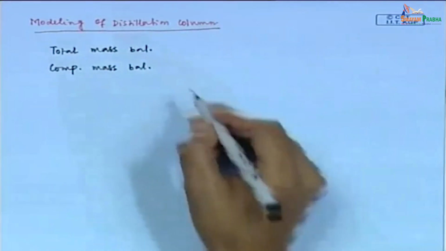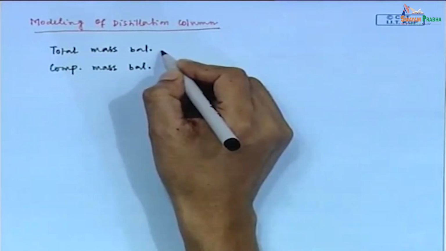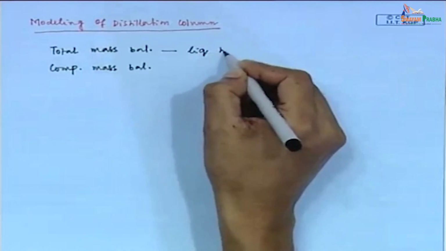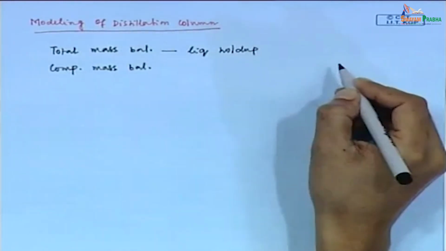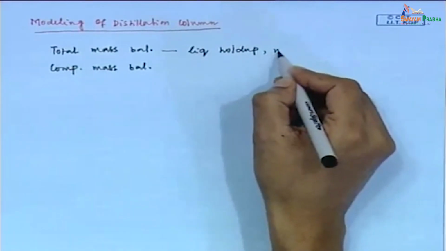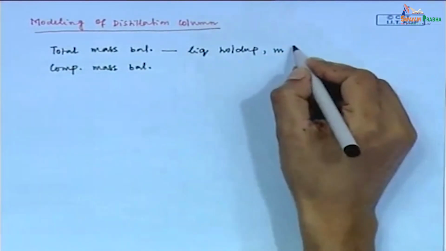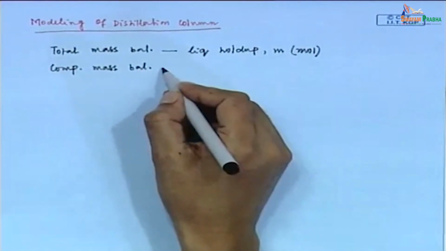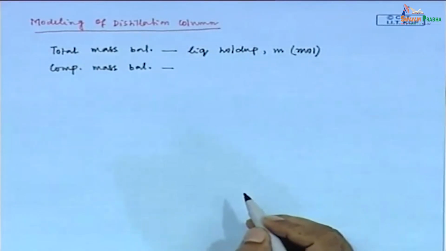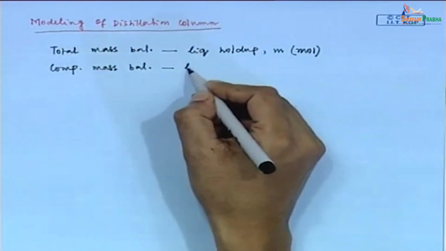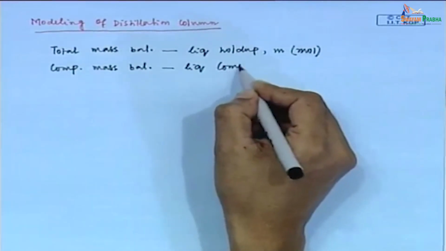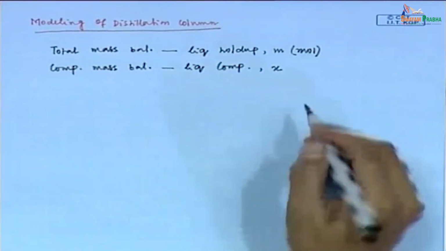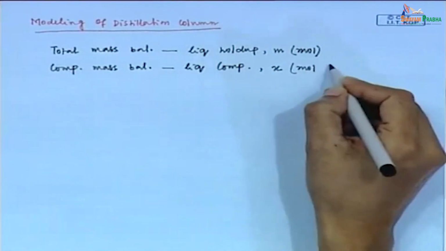The total mass balance equation is used to calculate liquid hold up, represented by M, with unit of moles, and the component mass balance equation we can use to calculate liquid composition, which we have represented by X, and X is the mole fraction.